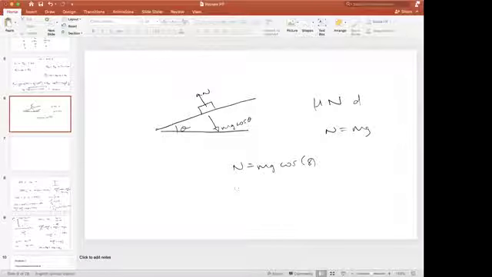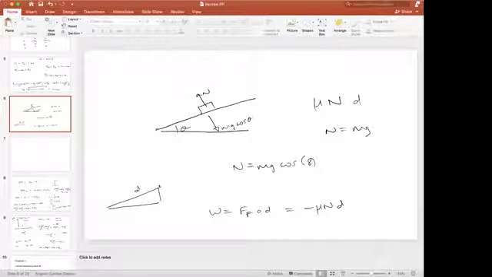So if we do that, we know the work done by friction is the force of friction dotted with d. The force of friction is actually negative mu n, and d is d. But d is also related to h on this triangle. If we know h, d is equal to h sine theta. I'm sorry, no, it's not. My brain's not working.